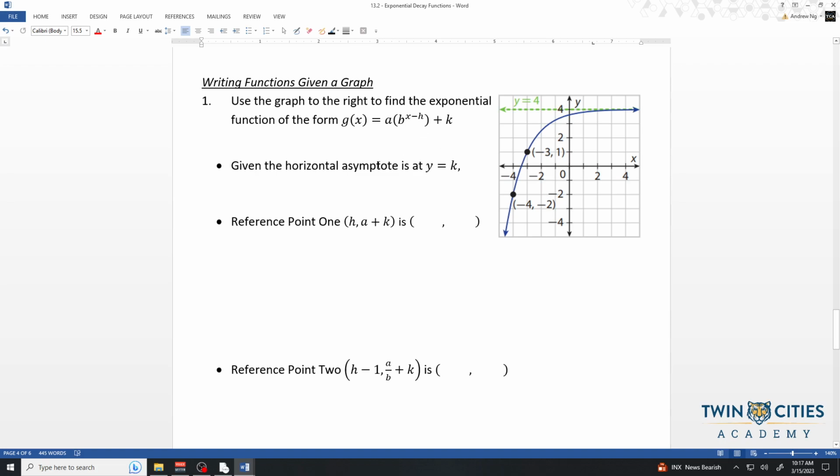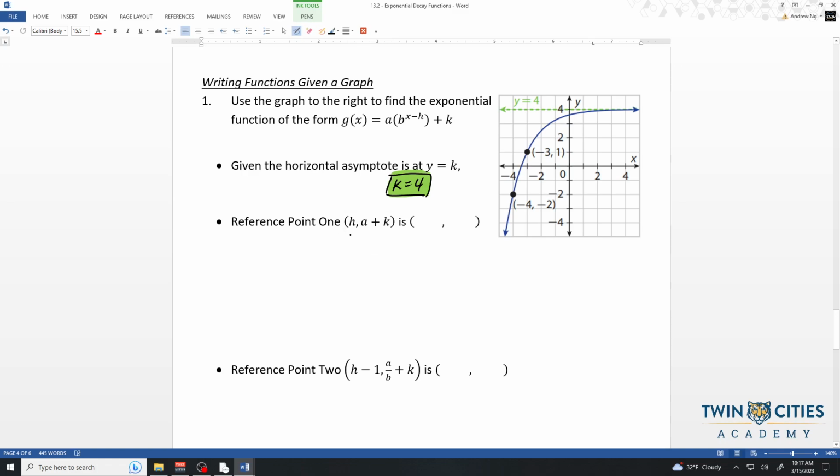The first thing I'm going to do is, given that the horizontal asymptote is always at y equals k, I'm going to say, well, this is y equals 4. So I've got a horizontal asymptote at y equals 4, k must be 4. All right, next.